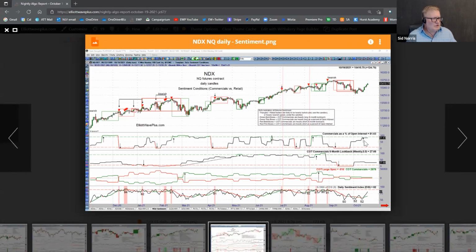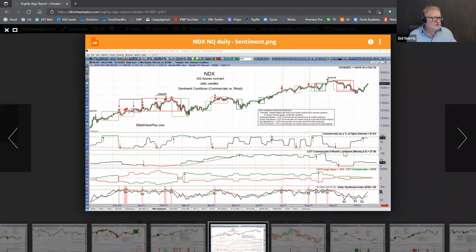Notice what the commercials are doing lately. This item is commercials as a percent of open interest, and they've been getting longer. Commercials as a percent of open interest is a faster acting sentiment indicator than your traditional 6-month look back on the COT report.